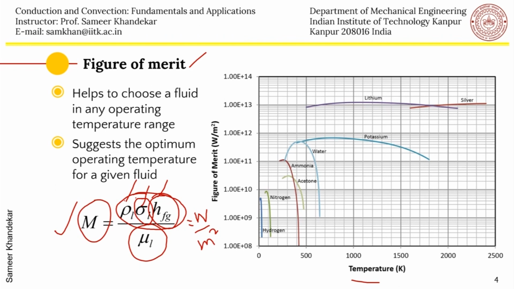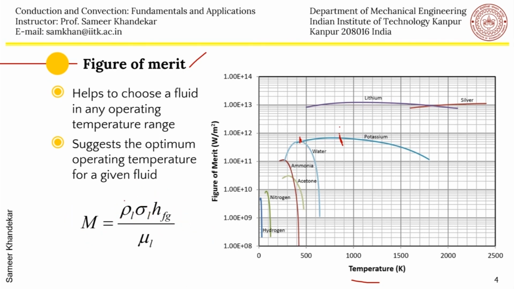Usually these are plotted in between these two limits, and we don't go all the way up to the limits because the maxima, as you can see, comes somewhere in the central region, depending on the combination of the properties rho sigma h_fg divided by mu_l. And one can see that for low temperature fluids or cryogenic fluids, you get a curve like this here.